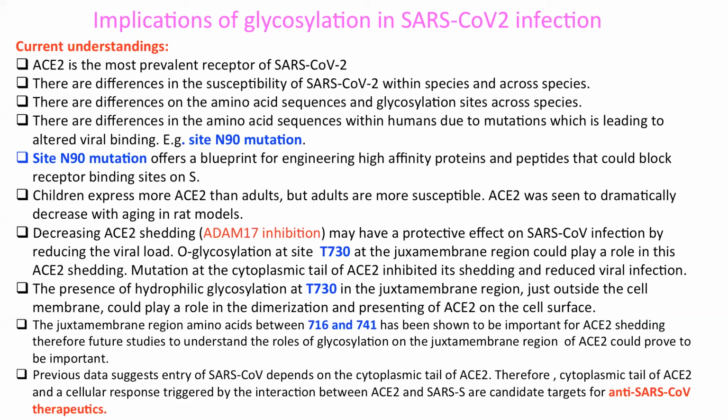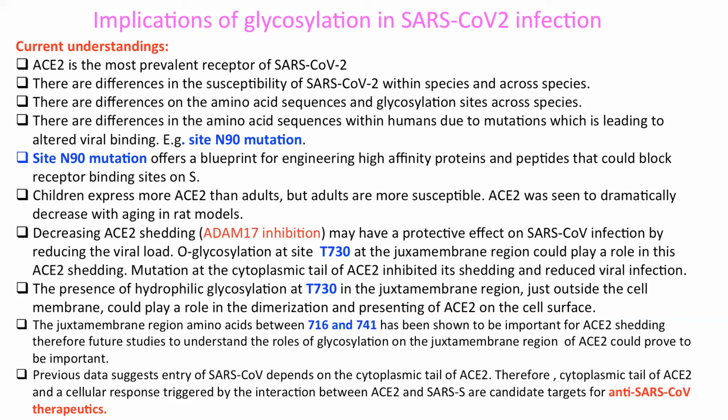The presence of this hydrophilic, bulky glycosylation at T730, just outside the cell membrane, could play a role in dimerization and presenting of ACE2 on the cell surface. We could speculate that having these bulky things in the region that is important for shedding could contribute to dimerization and could be important for infections.